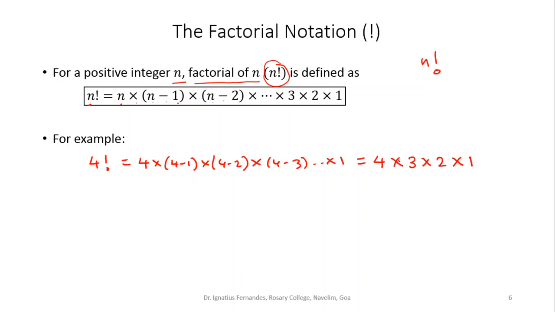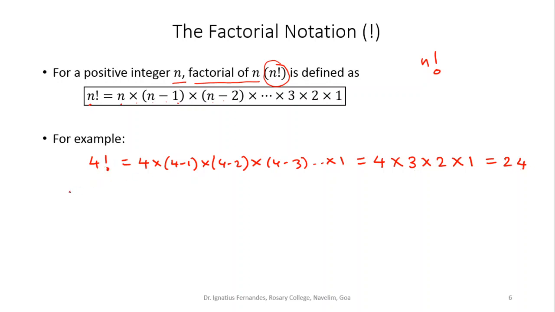So start with 4, keep subtracting 1 till you reach 1. If you multiply this, 4 into 3 into 2 into 1 is 24. So we say that 4 factorial, or factorial of 4, is 24.